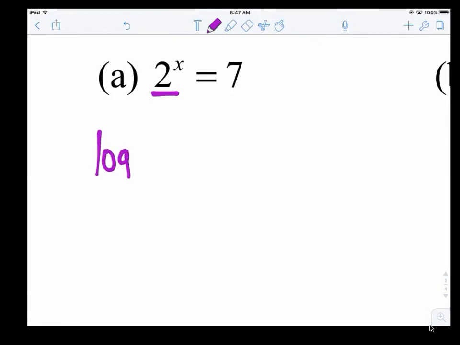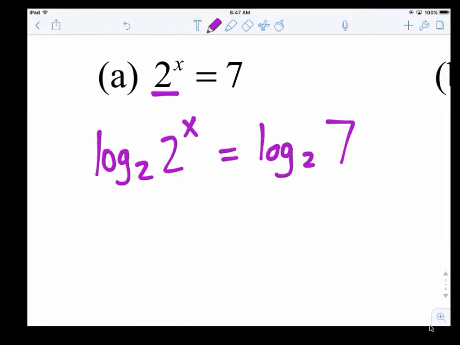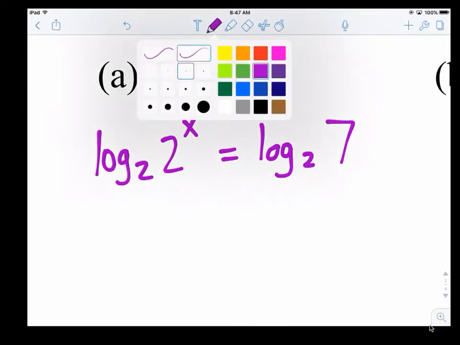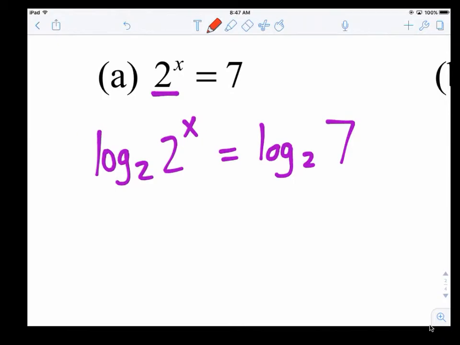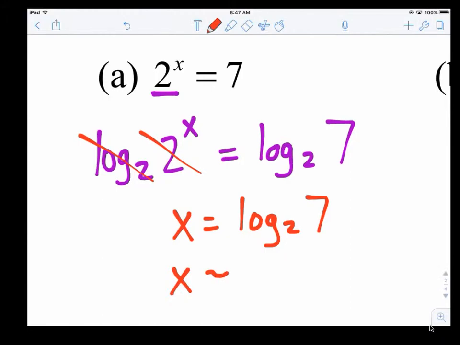So I have log base 2 of 2 to the x. Now again, what you do to one side, you must do to the other, log base 2 of 7. Log base 2 and the base cancel each other out, and you're left with x equals log base 2 of 7, which is roughly what?